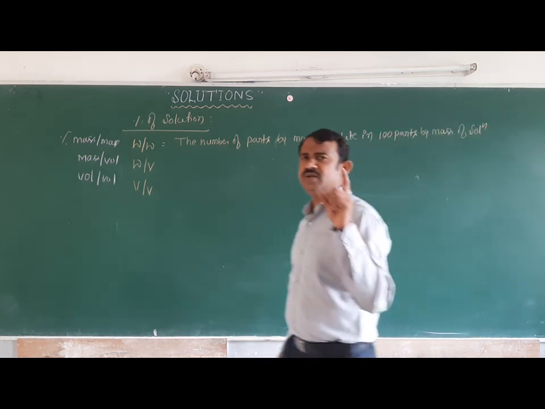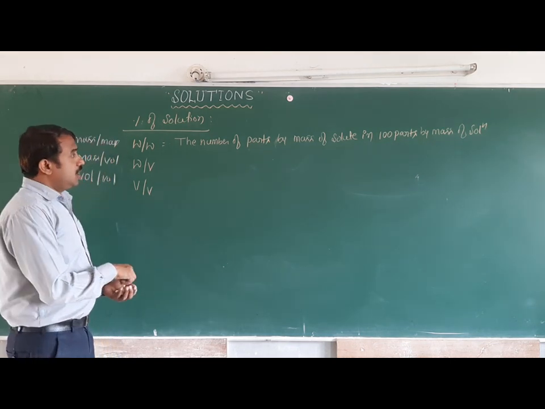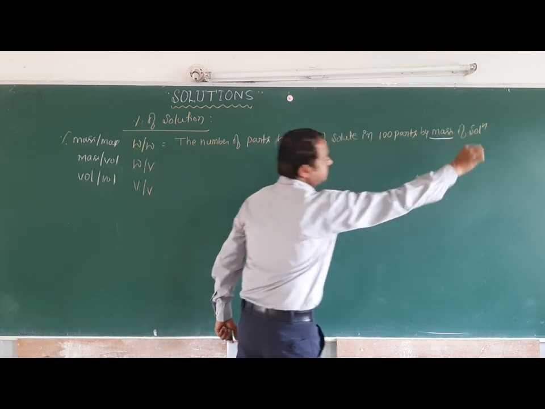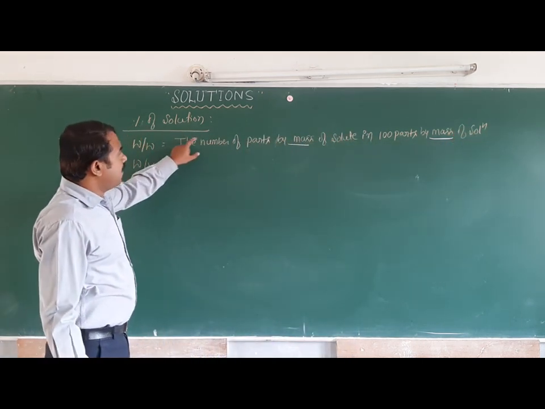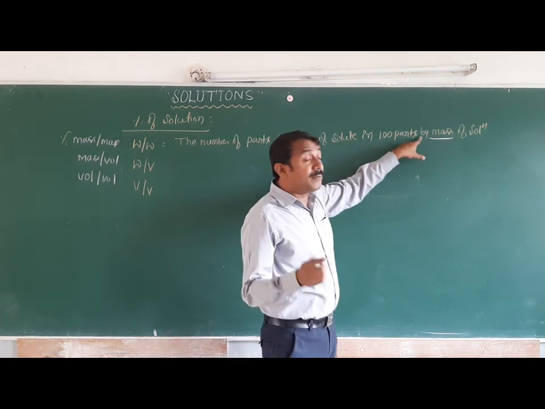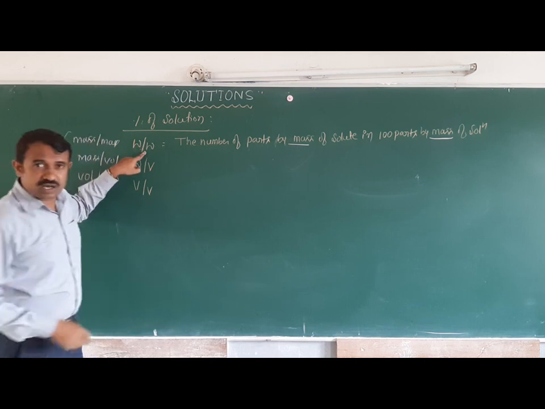This is very important and easy to find out. The number of parts by mass of solute in 100 parts by mass of solution is called mass by mass.